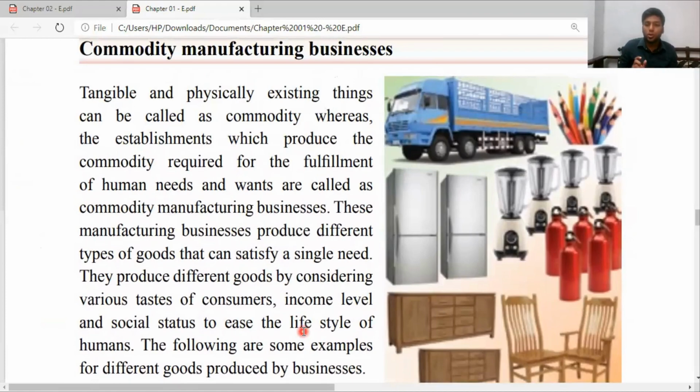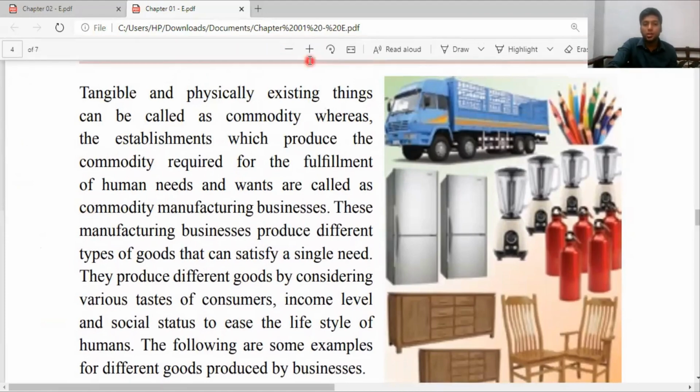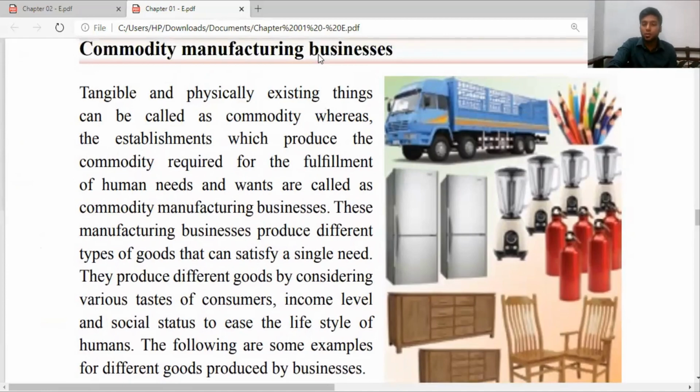If you take the exam, the examiner can be very tricky. They will not ask what the difference is between a commodity manufacturing business and a service providing business. They will ask what the two types of business are. You may need to know: commodity manufacturing business and service providing business. And they might ask what the difference is between goods and services.